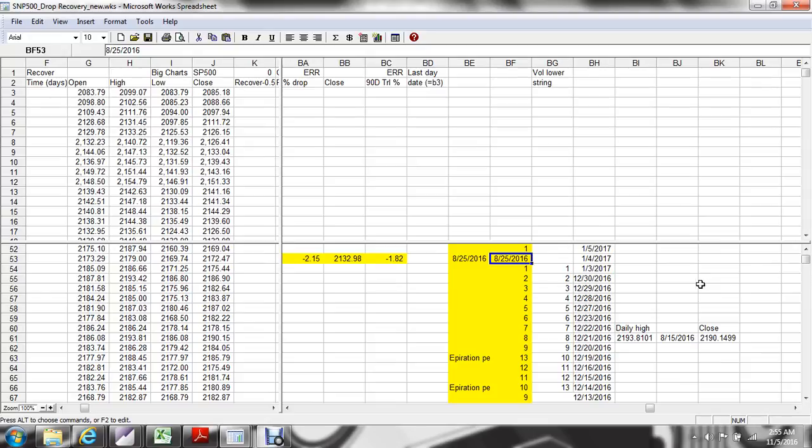Now, that high there also, if we look at, I don't have the spreadsheet open, but if we look at highs and lows from August to December, you see a high in August. 80% of those highs in August are during a market crash.